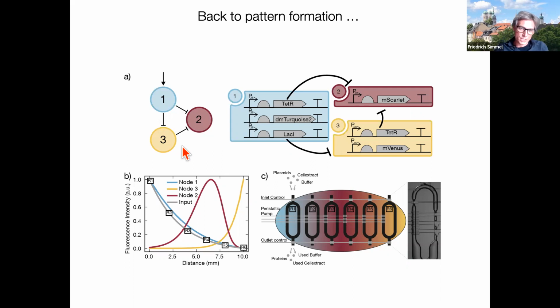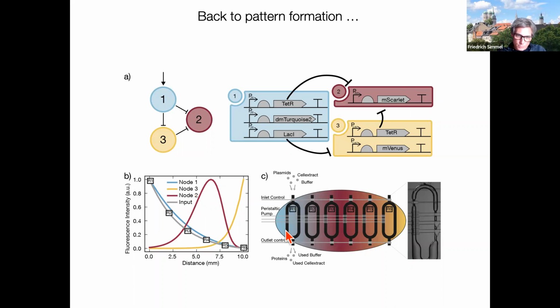But this is really cheating in a sense, because we don't really have a spatially extended system, but just different ring reactors here. And we feed these reactors different concentrations of the morphogen to simulate the morphogen gradient.